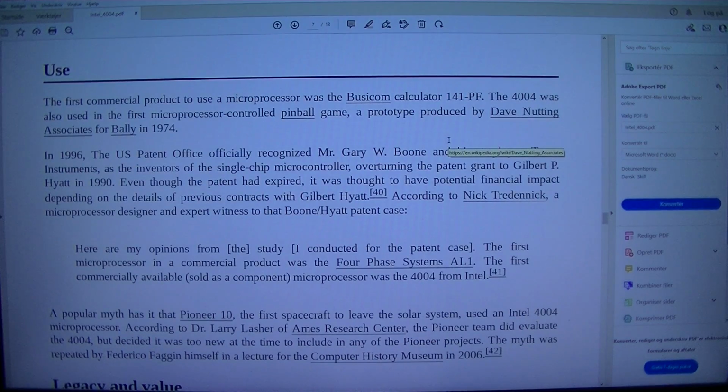Use. The first commercial product to use a microprocessor was the Busicom calculator 141-PF. The 4004 was also used in the first microprocessor-controlled pinball game, a prototype produced by Dave Nutting Associates for Bally in 1974.